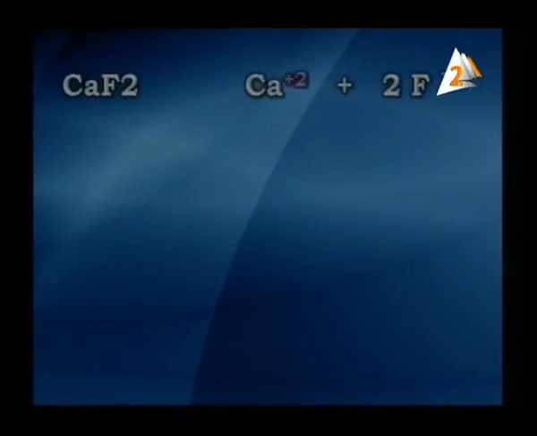What do you do after that? Calcium fluoride, CaF2, ionizes into Ca2+ plus 2F-.